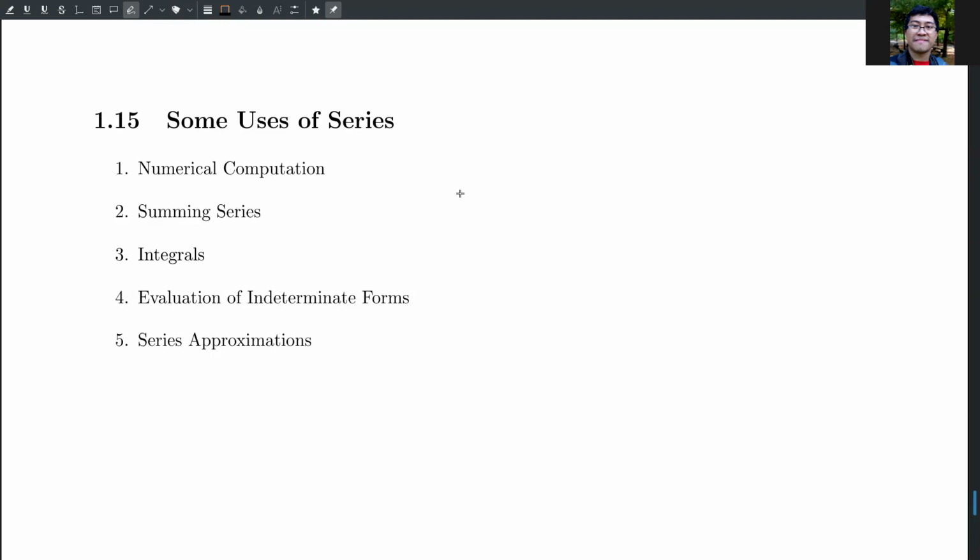If you take integrals, there are methods so that we can easily get the integrals if we expand the function in series form and then take the integral. It's also useful in evaluating indeterminate forms, because sometimes if the function has an indeterminate form and you take the limit, you can take the series expansion and hope that it cancels out certain terms that make it indeterminate. And also, of course, you can use series for approximations.